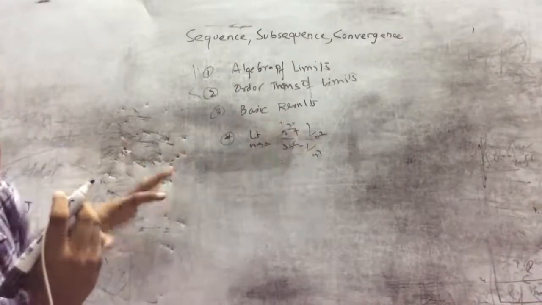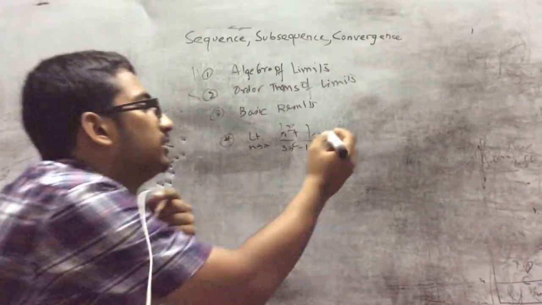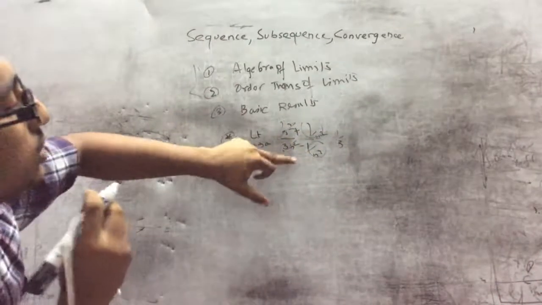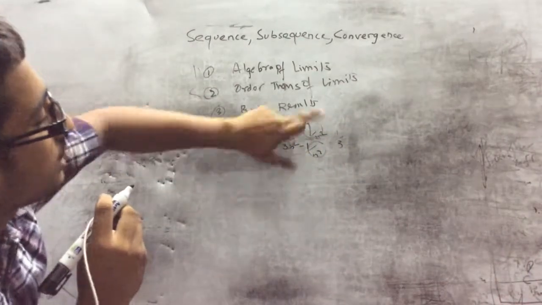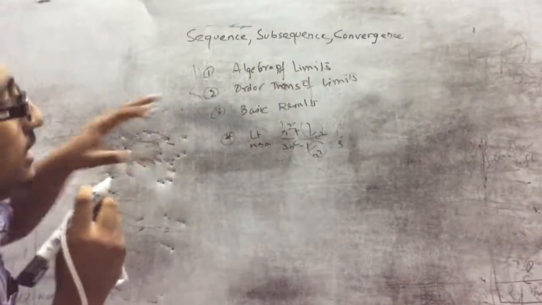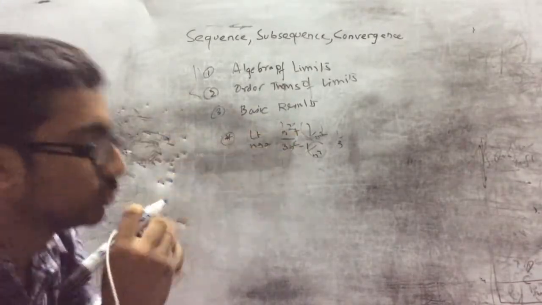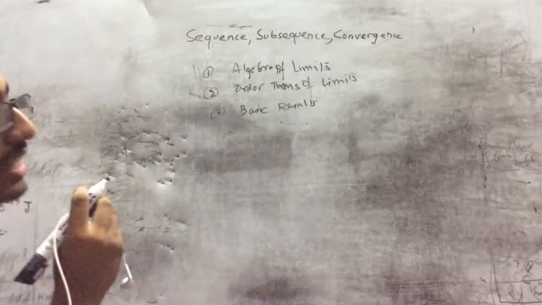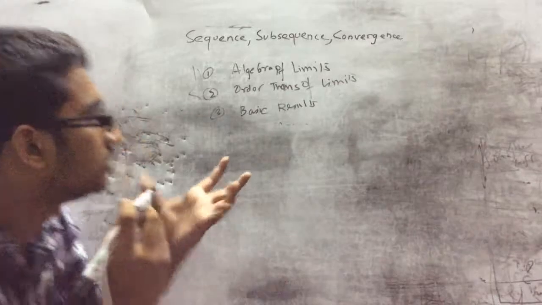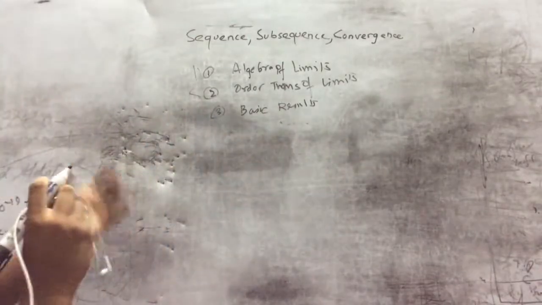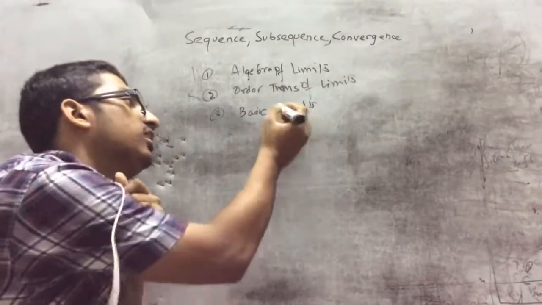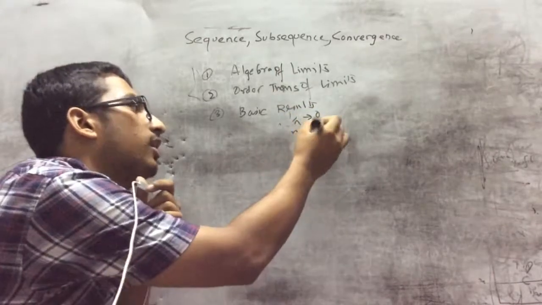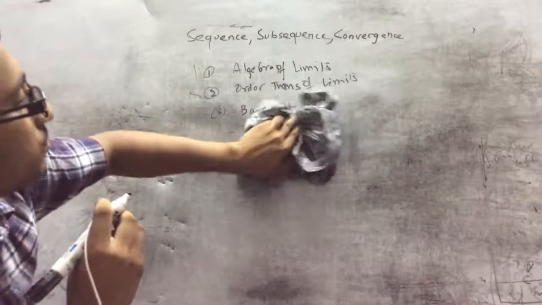The term 1 by n square will go to 0, and because the denominator limit is not equal to 0, the 3 term goes to 3 and the numerator goes to 1. So by the algebra of the division property, this goes to 1/3. These are the basic things, and see how this algebra makes a certain algebraic structure, using the result that 1 by n goes to 0.